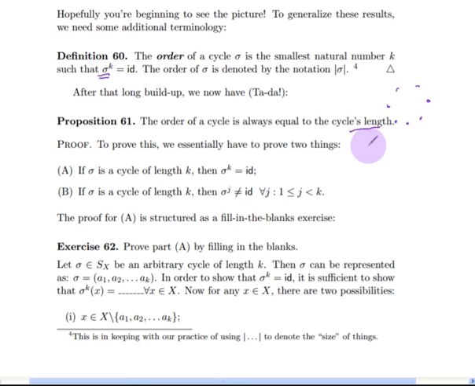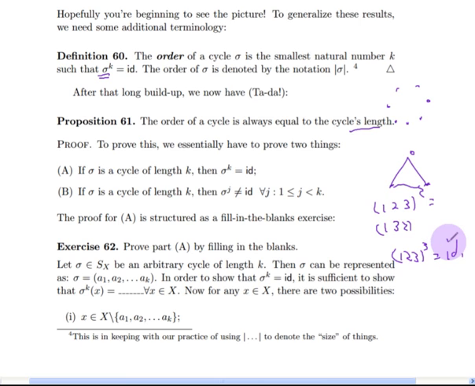Right? Think simply of the triangle. Here's a case here. If I have the cycle 1, 2, 3, okay, you can verify that this squared is going to be 1, 3, 2. And if I take 1, 2, 3 cubed, well, then 1 goes to 2, 2 goes to 3, 3 goes to 1, so 1 goes to 1, 2 goes to 2, and 3 goes to 3, so that's equal to the identity.